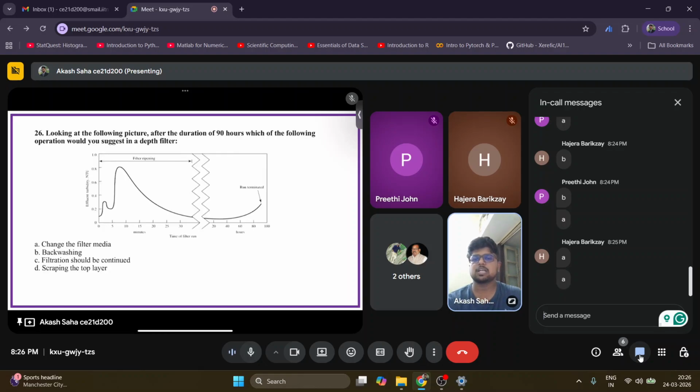Looking at the following picture after 90 hours of duration, which of the following operations would you suggest in the depth filter? Change of filter media, backwashing, filtration should be continued, or scraping of top layer?